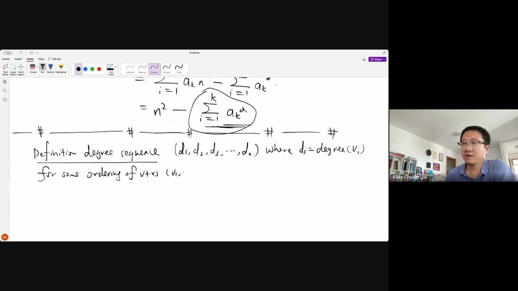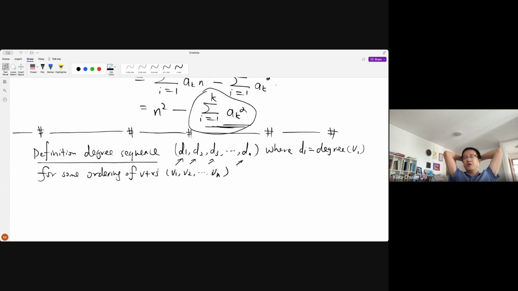Let's say v1, up to vn. So you just write down all the vertices, and then you put its degree. So you get d1, d2, d3 until dn.